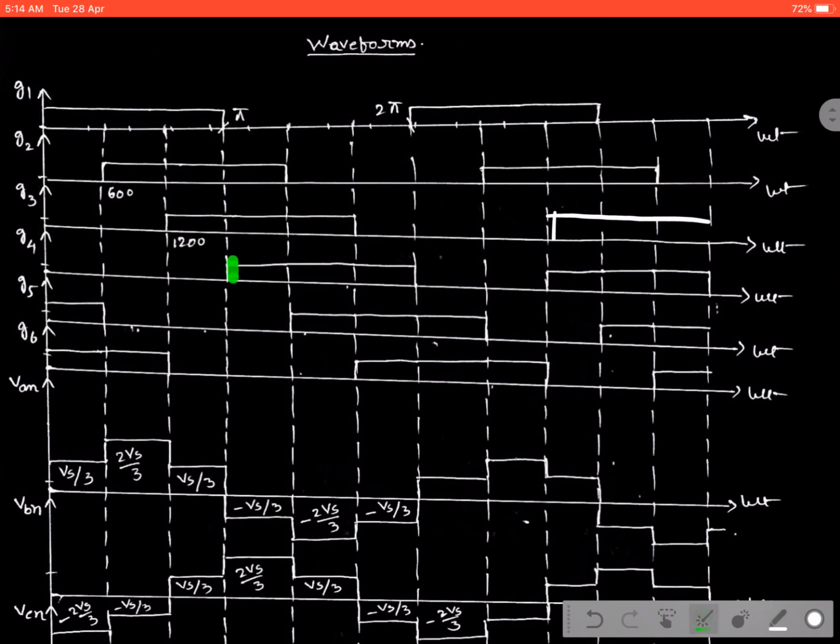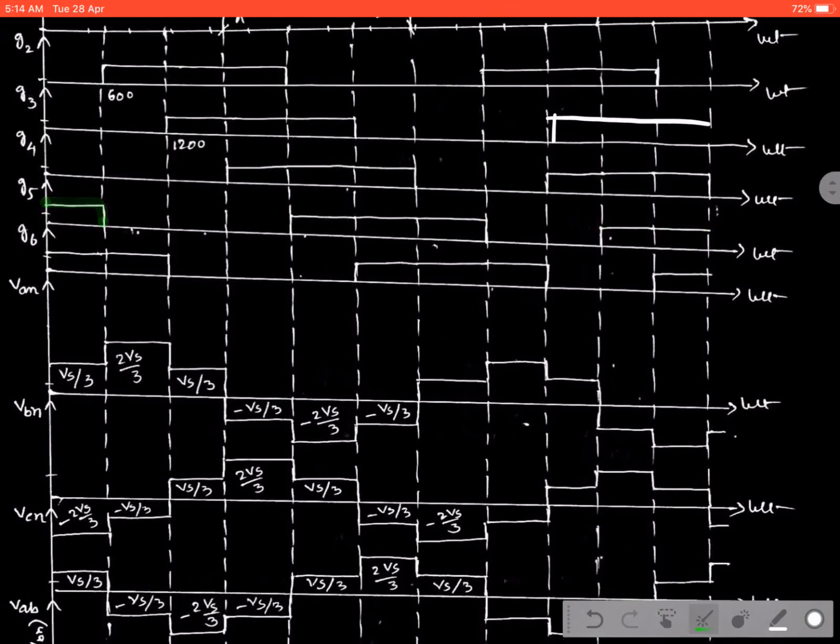Similarly, this is the waveform for the triggering pulse applied for switch S4, and this is applicable for the switch S5. Each switch conducts for 180 degree, but the mode of working difference is 60 degree. Okay, these are all the pulses given to the respective switches.